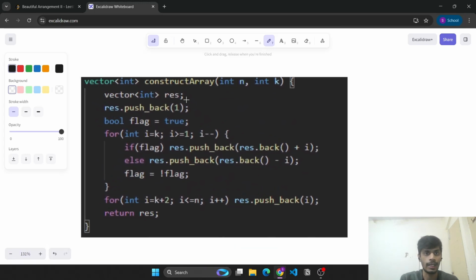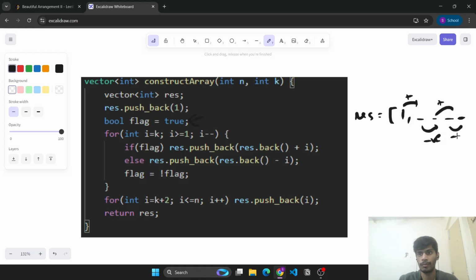So we will create a vector resultant, and initially we'll have the resultant as 1 only, and we'll try to fill the remaining positions. Now I have created this flag variable so that first time I increase, then when it is false, we will go negative. Then we will move forward, otherwise we will move backward.